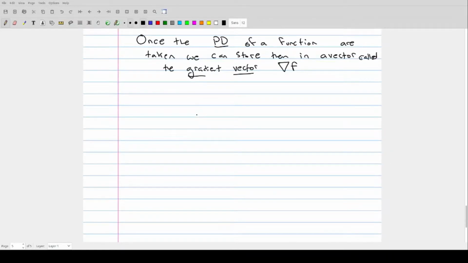So for example, in 2D, where we have 2 partial derivatives with respect to, say, x and y, the gradient vector of a function f is just the collection of the x partial derivative and the y partial derivative.